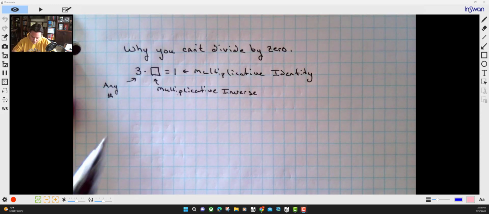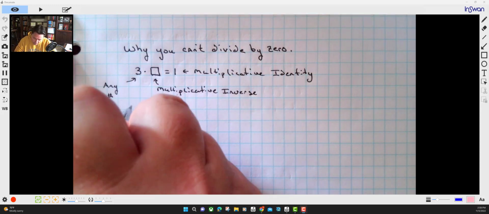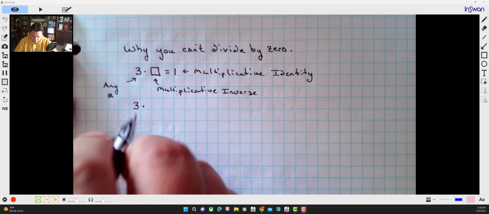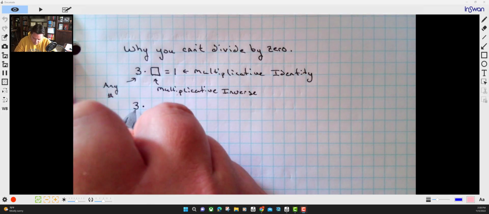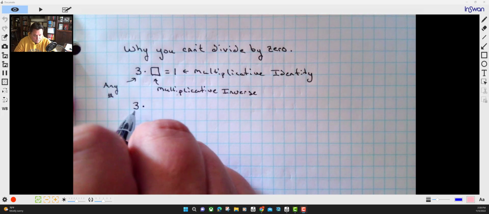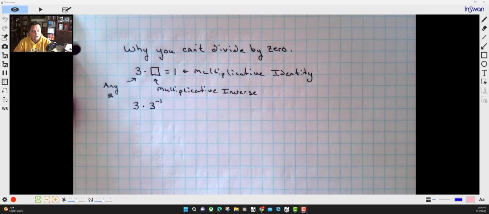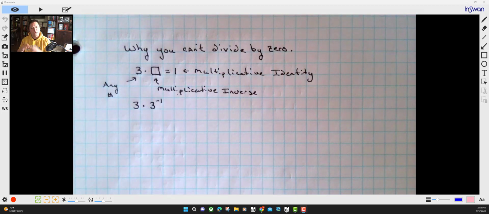So what we do is we write this multiplicative inverse with a special notation. The multiplicative inverse of 3 is written as 3 with a little negative 1 up on top, and that is our uniform way of saying an inverse. We do the same thing with functions.